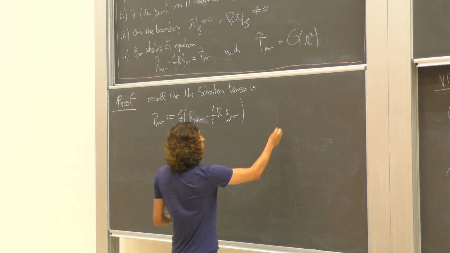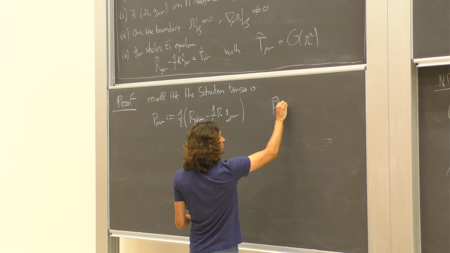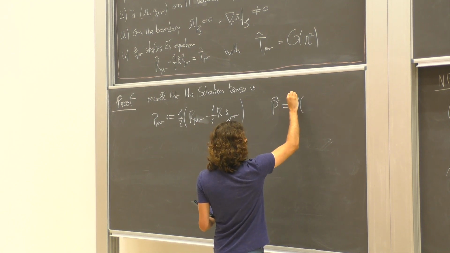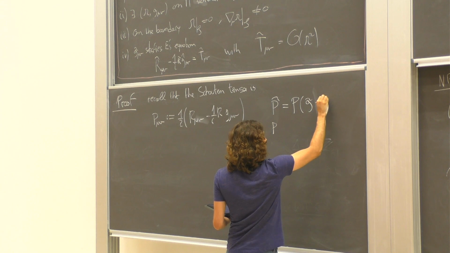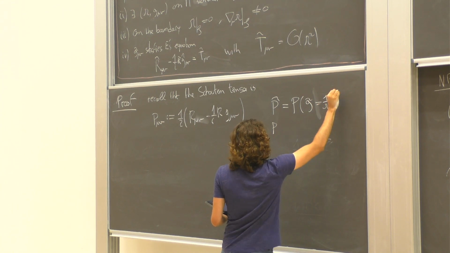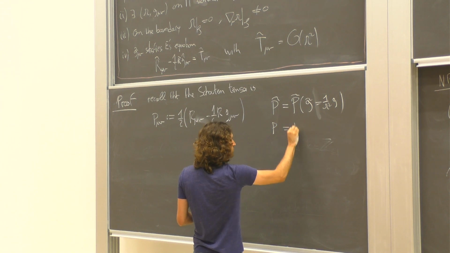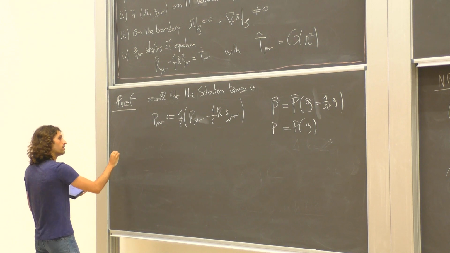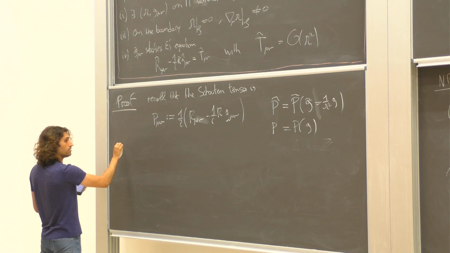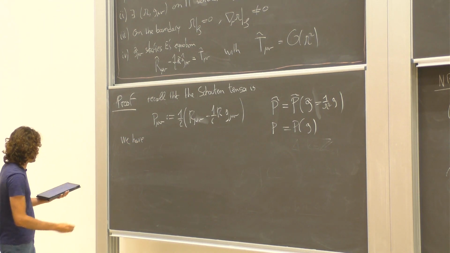I'm going to write P tilde is P of G tilde, where G tilde is 1 over omega squared G, and P means the Schouten tensor of G. This is my notation. This object has a classical transformation rule.